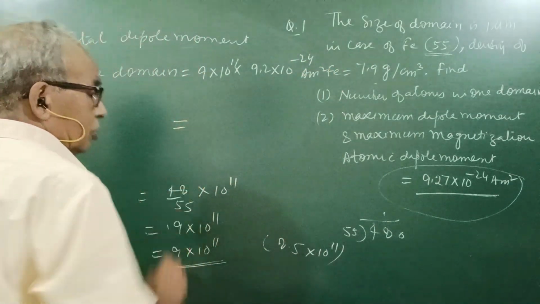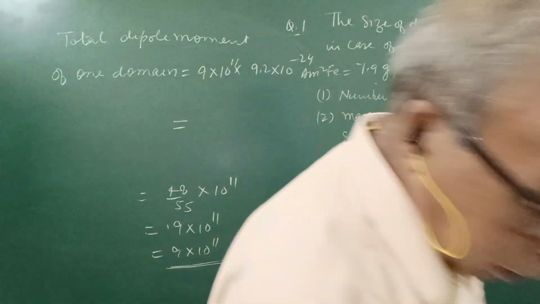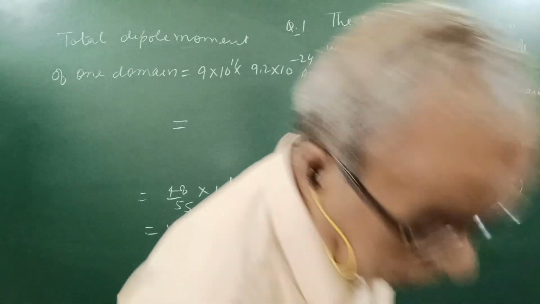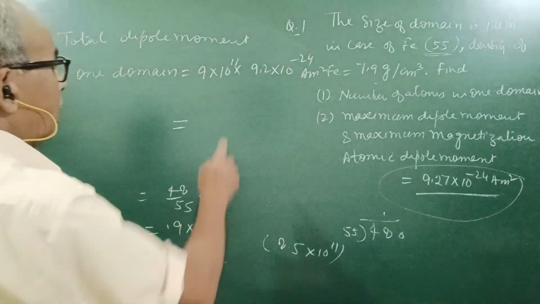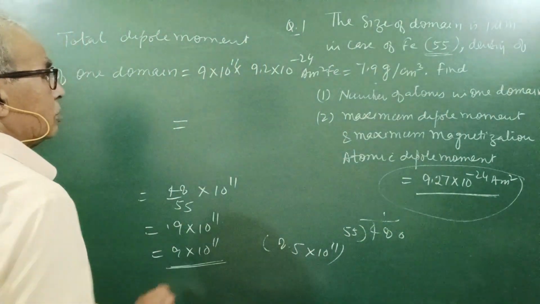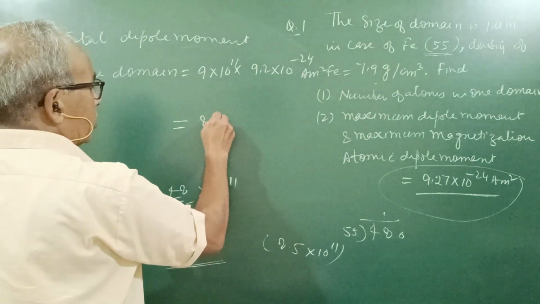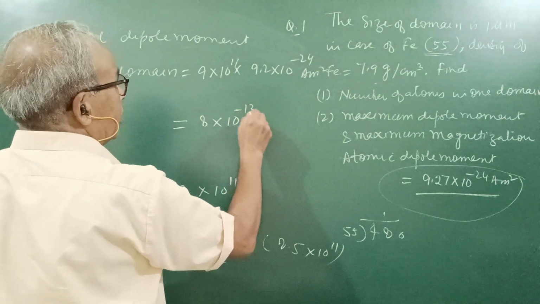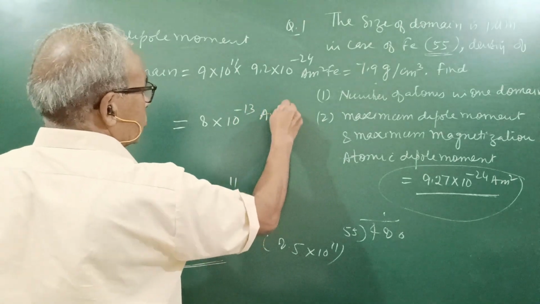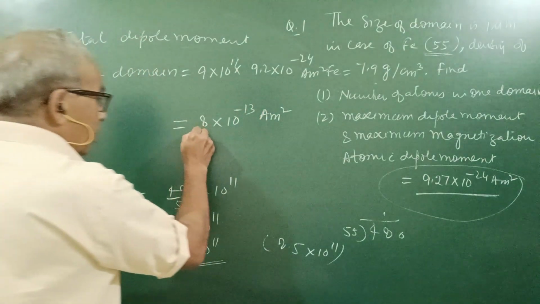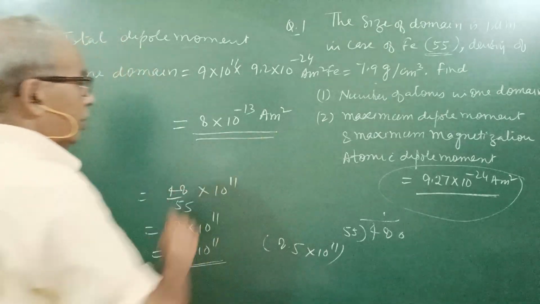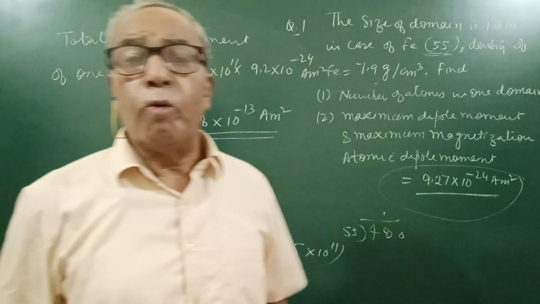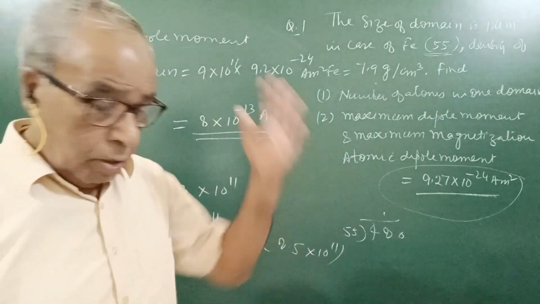If you solve this, it will come out nearly 8 times 10 to the power minus 13 ampere meter square. Please note this number. It is the dipole moment of one domain.